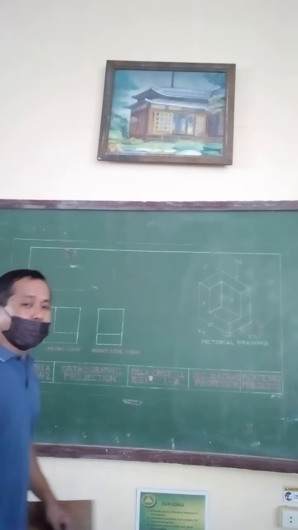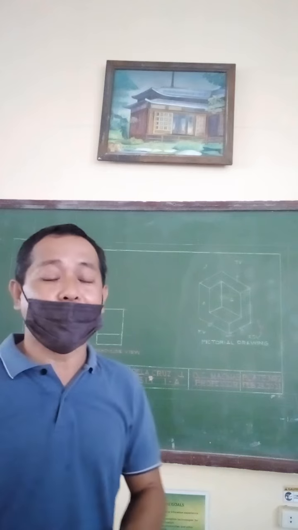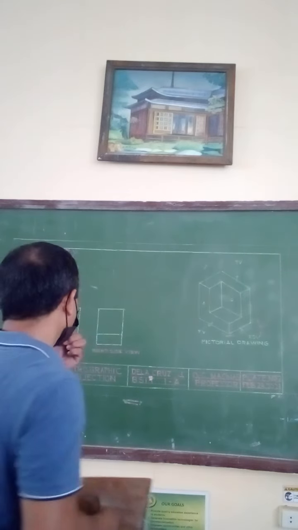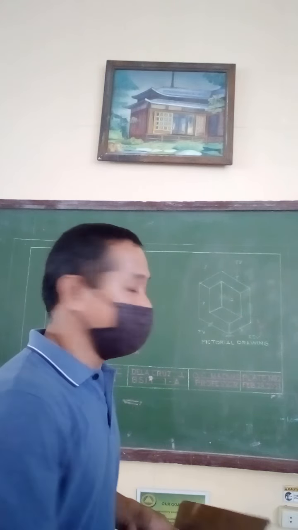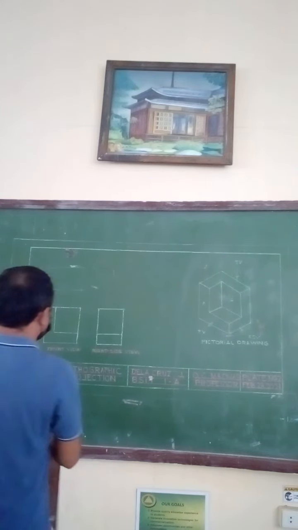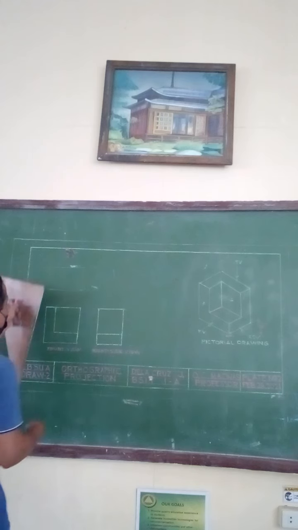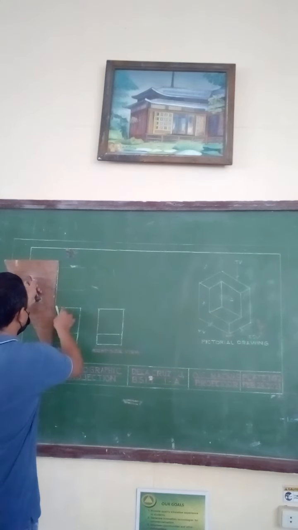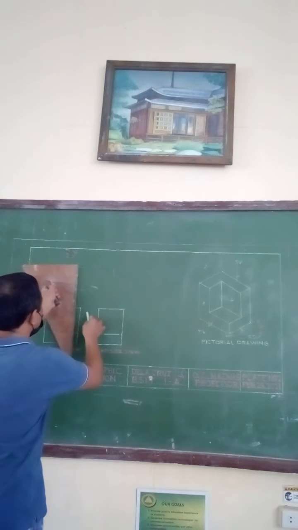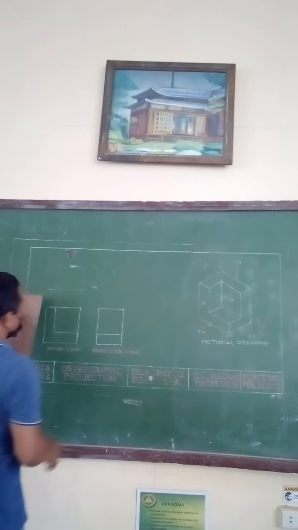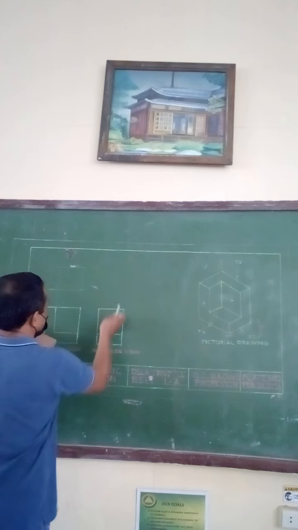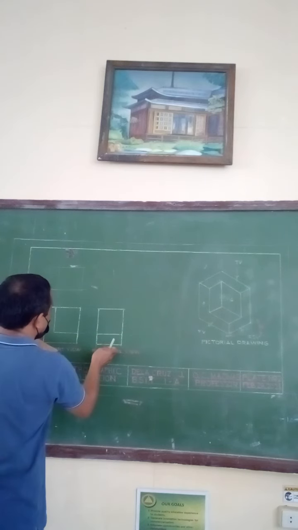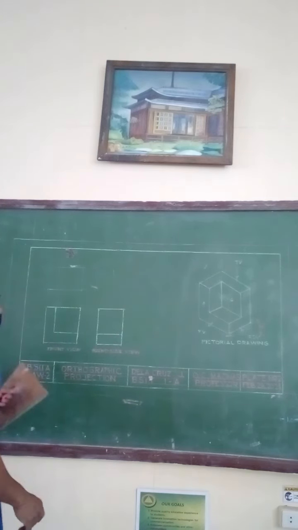What's next? It's the last view in the three principal views, the top view. In the same manner, the same method, we just project an imaginary line from the front view going upward. Okay, it's already here. And as we see, there are no changes from the right side view connected to the top view.